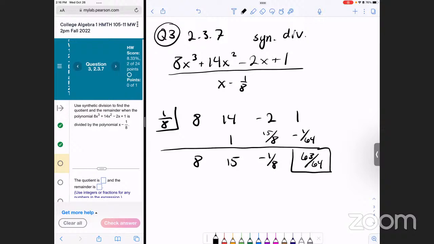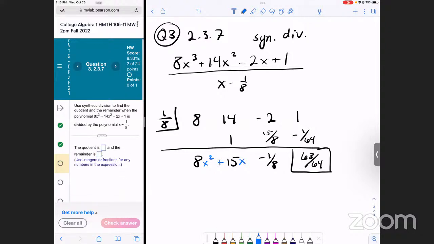That's our remainder. We started with a degree 3, so now we're at a degree 2. Use integers. Use synthetic division. We just want the quotient and the remainder.